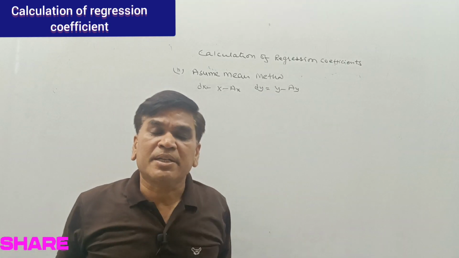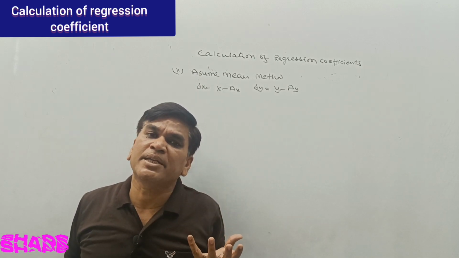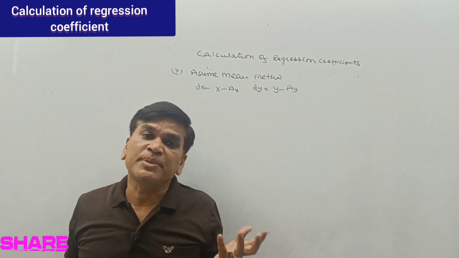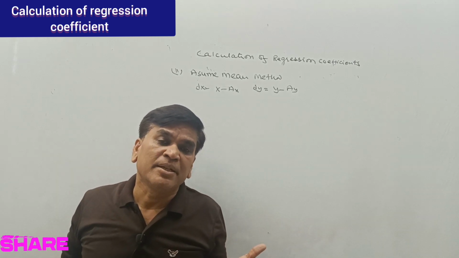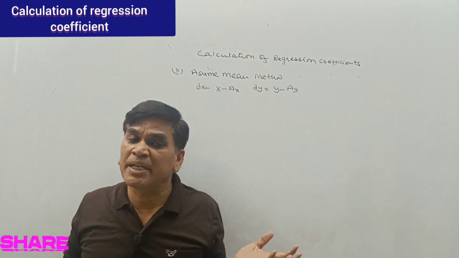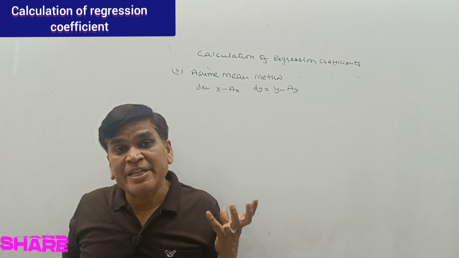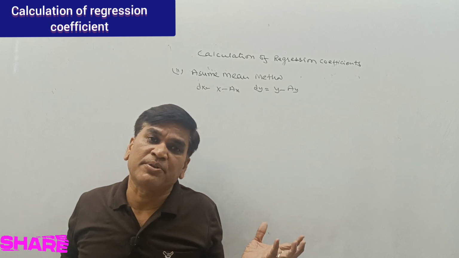It means we are taking the deviation from the assumed mean, not from the real mean. Sometimes the real means are in decimal points, so we get many difficulties in calculation, and in such kinds of questions we take an assumed mean and do the question.